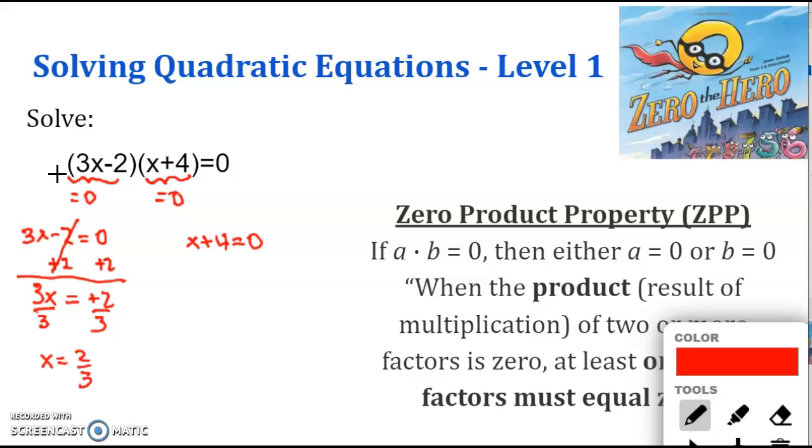And in this case, x + 4 = 0, you subtract 4 from both sides, or bring 4 to the other side, so x is going to be equal to negative 4.